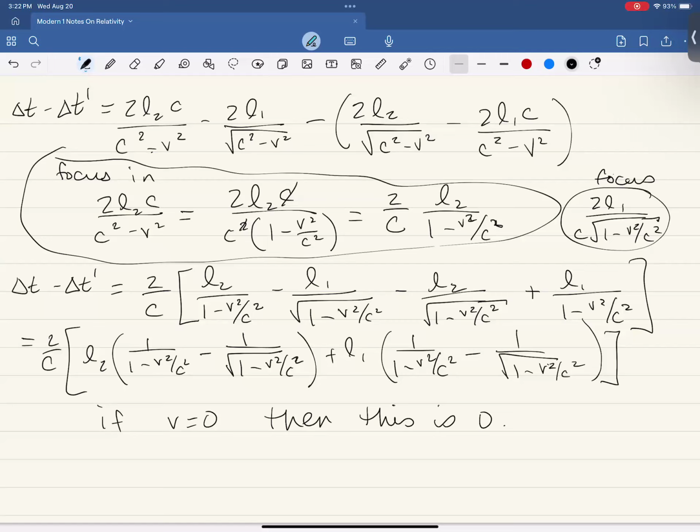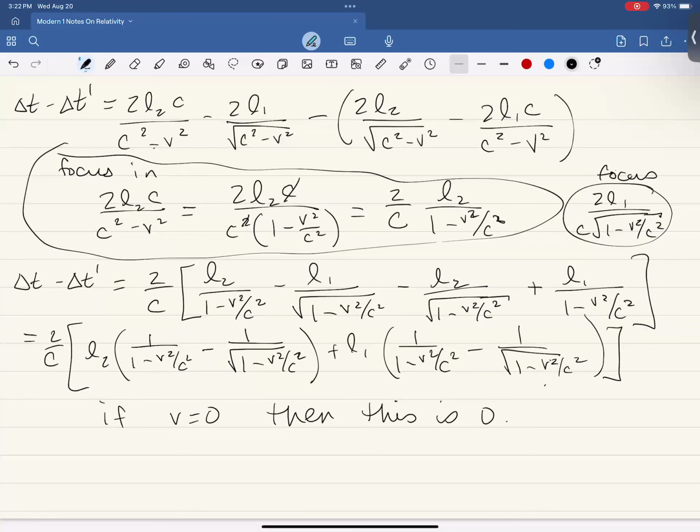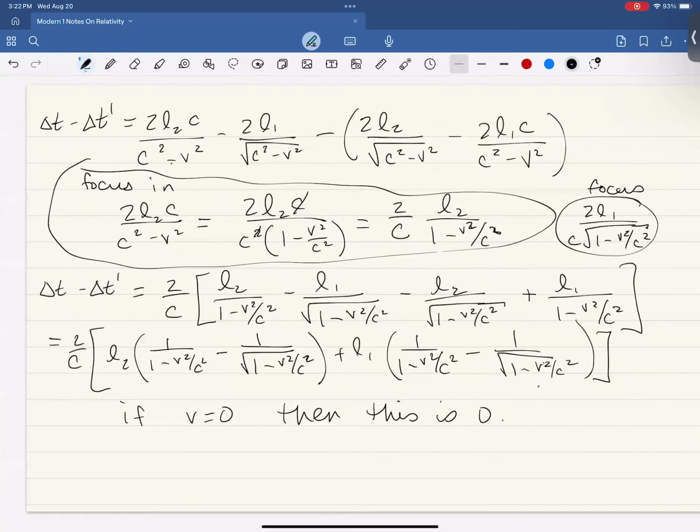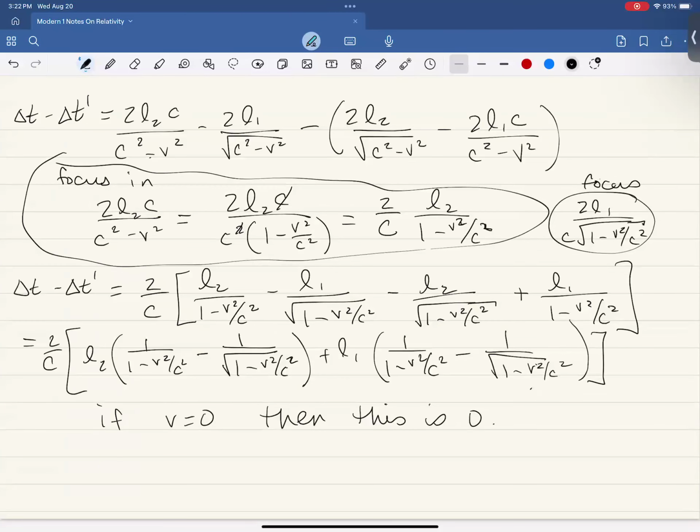It becomes 1 over the square root of 1, which is just 1. And then I have 1 minus 1, and that's 0. And I get the same thing for the stuff multiplying L1. It's just 0. So if there is no ether drag, if V is equal to 0, then those time differences are the same, and there is no delta T difference. So no ether.